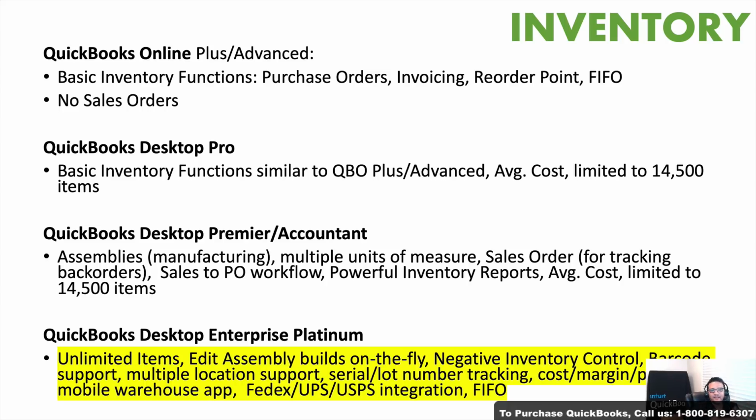A very small company, maybe less than $100,000 in sales a year, you can probably do QuickBooks Online with inventory, no problem. But the minute inventory management becomes material, you want a more robust application. So when it comes to inventory, QuickBooks Desktop Enterprise takes it. And if you can't afford Enterprise, I would say at least take a look at Premier or Premier Accountant Edition.